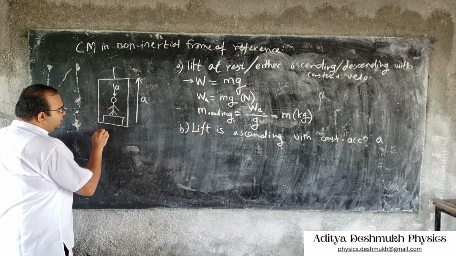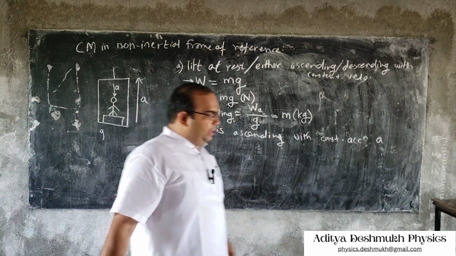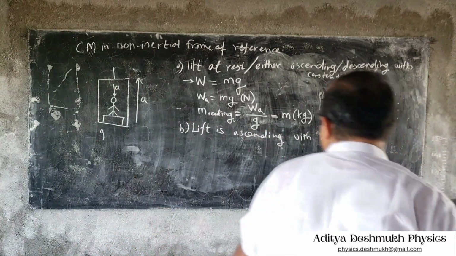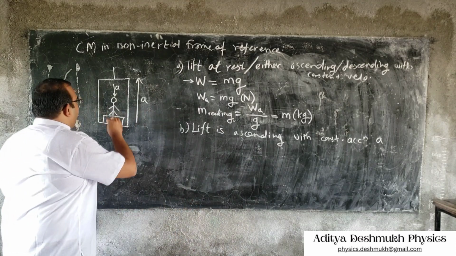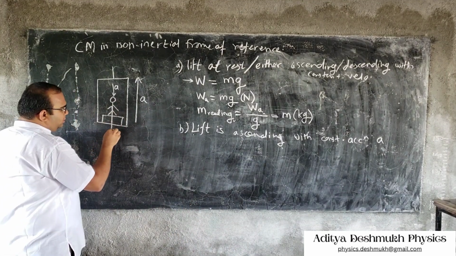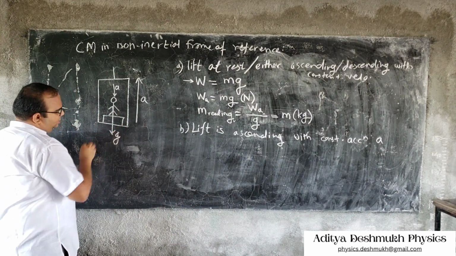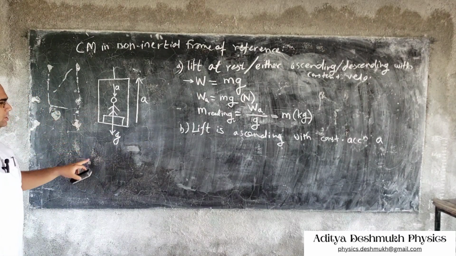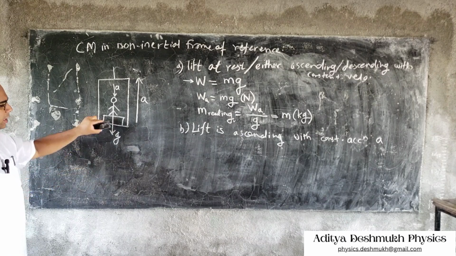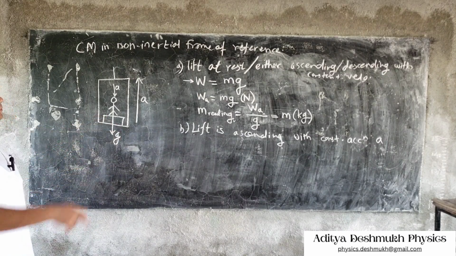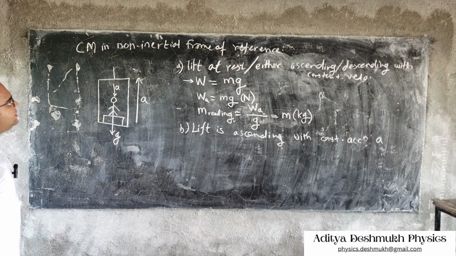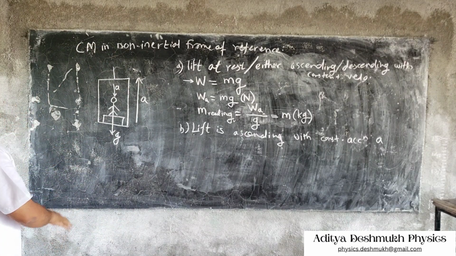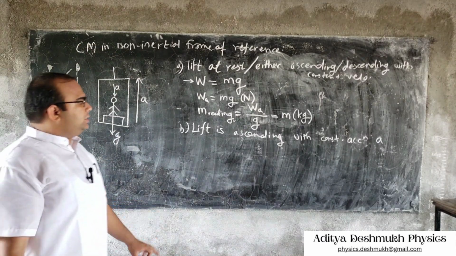So if the lift is going upward, my acceleration will be directed downward. That is my effective acceleration. And there is acceleration due to gravity acting on the person, whatever the case may be, whether it is a non-inertial frame or an inertial frame.